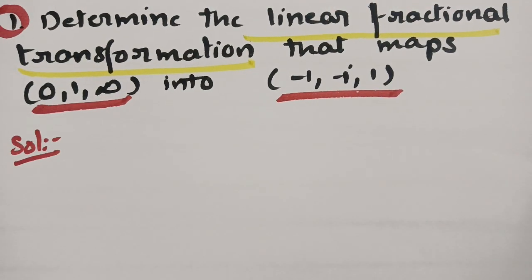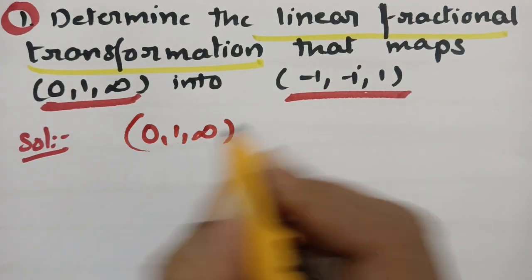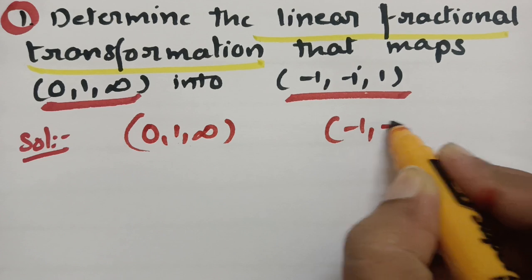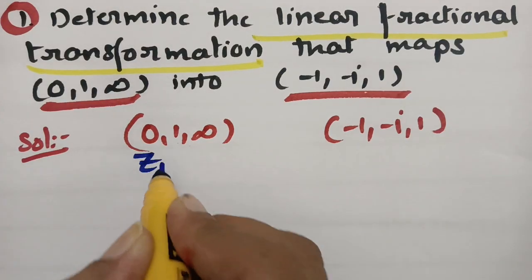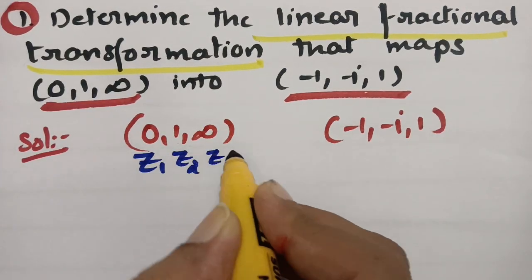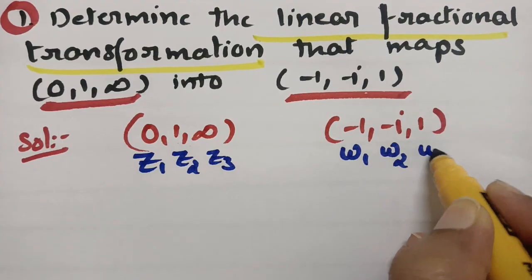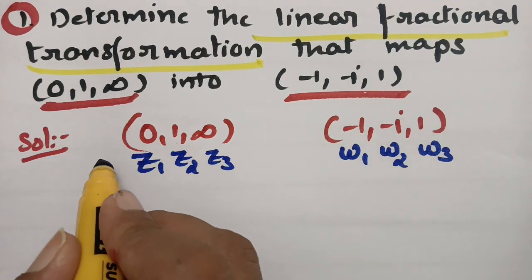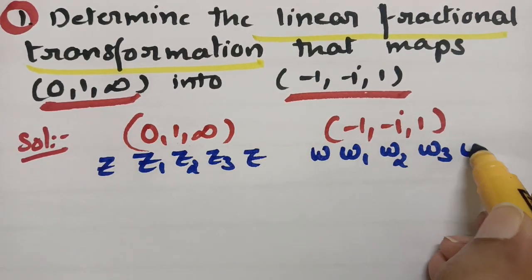As you know, the points are very simple: 0, 1, infinity in the z plane and -1, -i, 1 in the w plane. Every time, we consider these as z1, z2, z3 and these as w1, w2, w3, and then one z on this side and one z on that side, and w also.